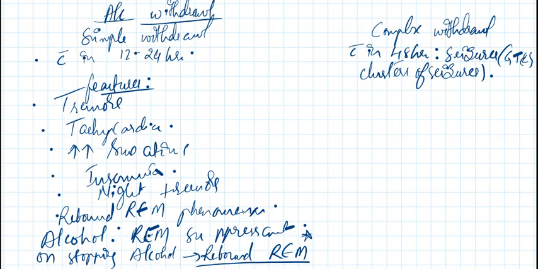Now what are the features of complex withdrawal? Within 72 hours, we observe a condition called delirium tremens. Very important, a highly NEET PG question.